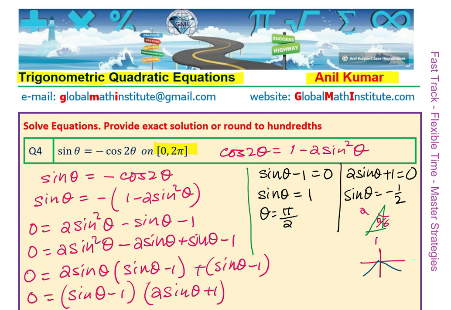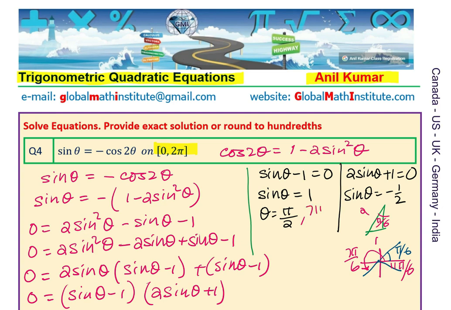The related acute angle alpha is pi by 6. So the solutions are clearly 7 pi by 6 and 11 pi by 6, right?